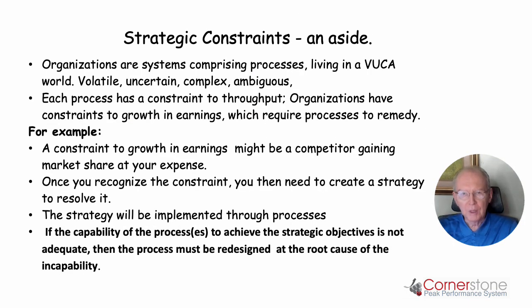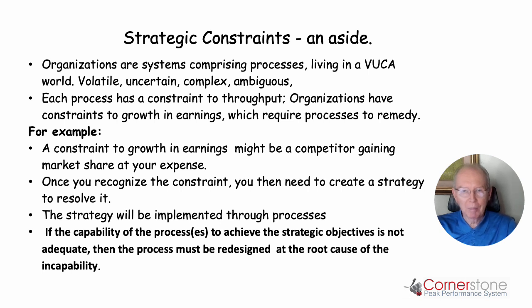As an aside, I thought I would share with you that process thinking also works at the very highest levels in organizations. So let's talk about strategic constraints. Organizations are systems with a whole spaghetti mix of processes, and they live in what they've now called a VUCA world. And we know that it's volatile, uncertain, complex, ambiguous.